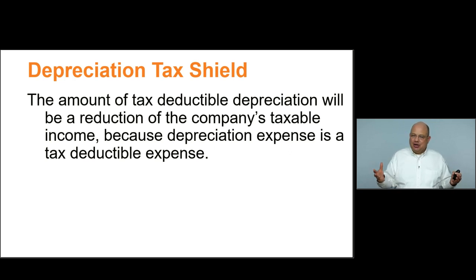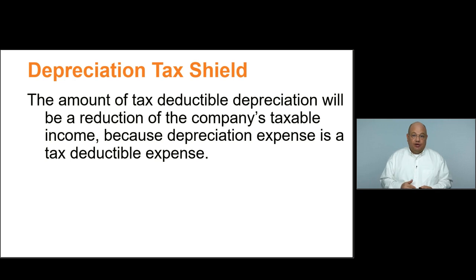If somebody comes to you and says, would you rather somebody gives you $100 or your expenses get reduced by $100, the net effect is the same. And that's what's happening here. The depreciation tax shield is not somebody giving us money, but it's a cash inflow because it reduces the amount that we have to pay for taxes.